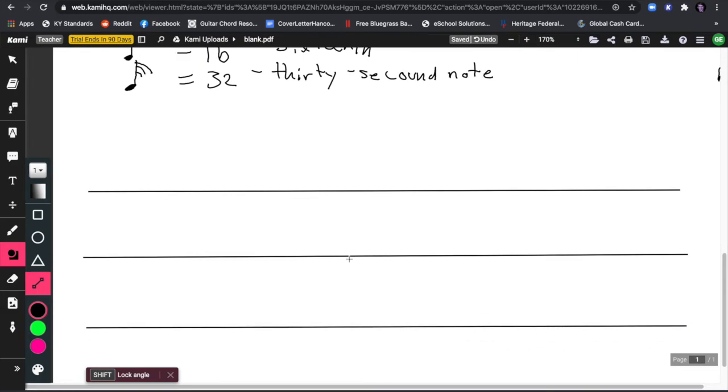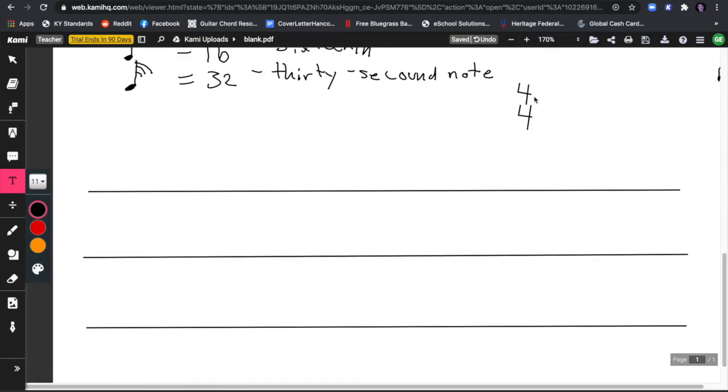Okay. So knowing this top information up here, and knowing the top number means how much and how many, put that diagram. So 4, 4. How much?